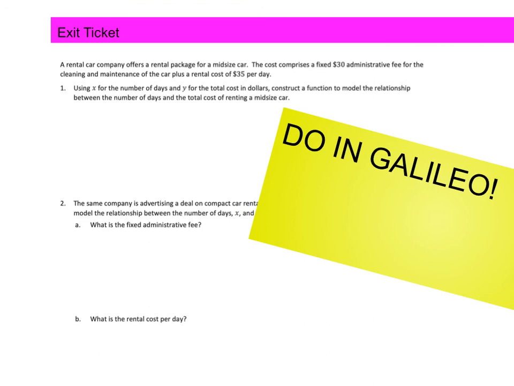The cost comprises of a $30 fixed administration fee, so that is your initial fee, for the cleaning and maintenance, plus $35 per day. And what that means is that you're going to pay $35 times every day that you use it. So this is your rate, daily rate, okay?